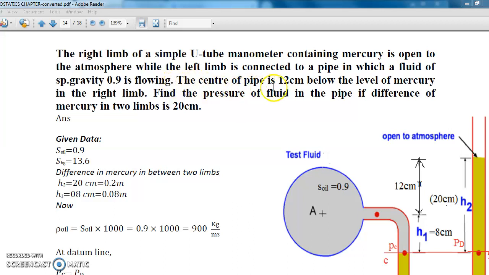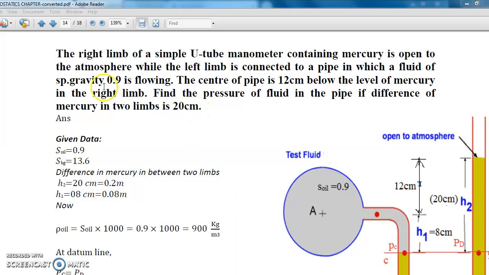The center of the pipe is 12 centimeter below the level of the mercury in the right limb. Find the pressure of the fluid in the pipe if the difference of mercury levels in the two limbs is 20 centimeter.